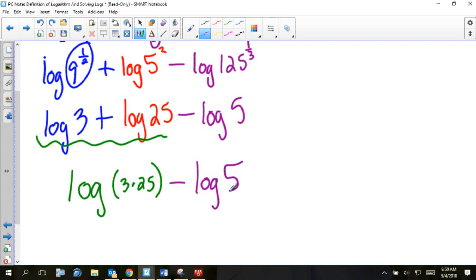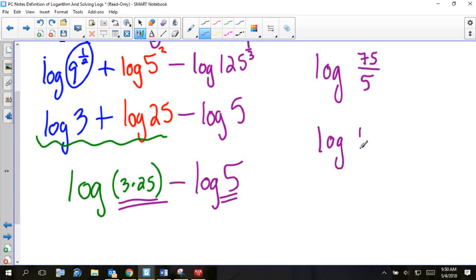And then when I go to condense these 2 down, the minus means what do we do to this stuff? Divide it. So now I'm going to have log of 3 times 25, which is 75, divided by 5. So we're condensing it down to 1 logarithm. Log 15. And then you could type that in your calculator easily. Or maybe we don't need to. Maybe we just need it as log 15.